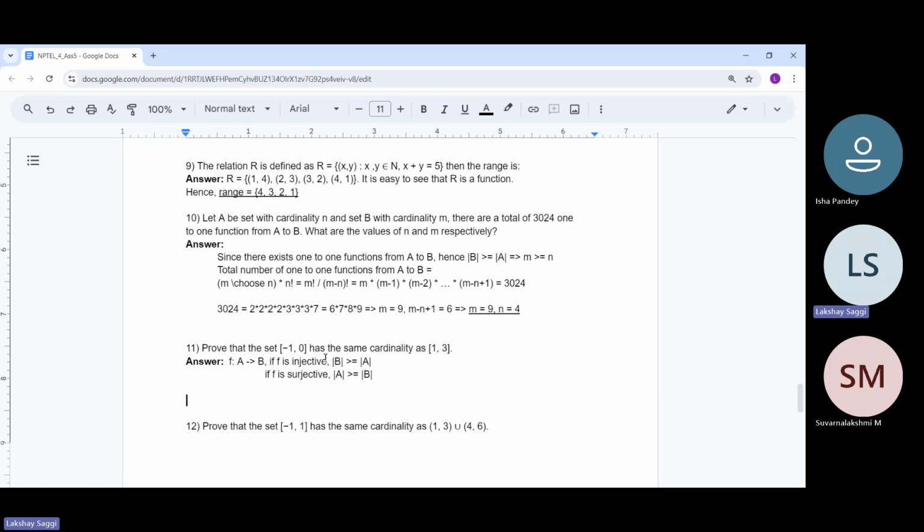So we see that if this statement is true, then we sort of obtain a recipe for showing, we get an idea of how we can show that two sets have the same cardinality or different cardinalities.